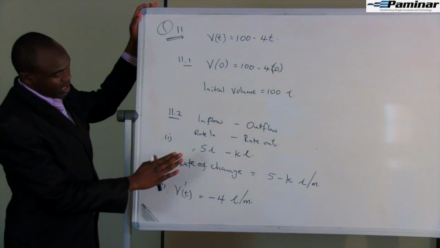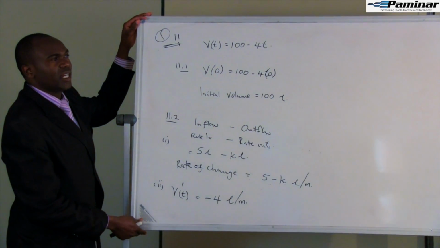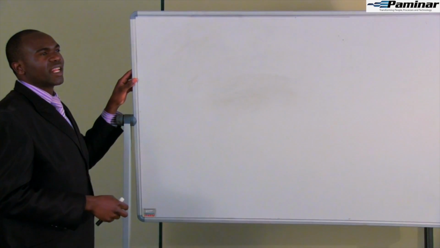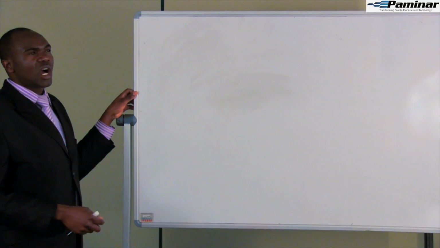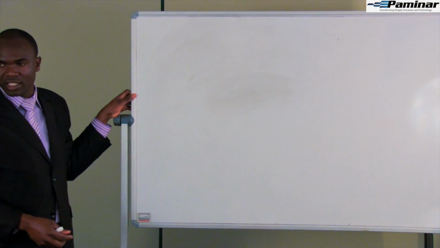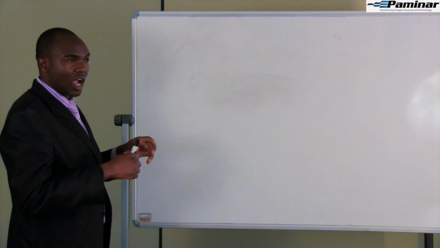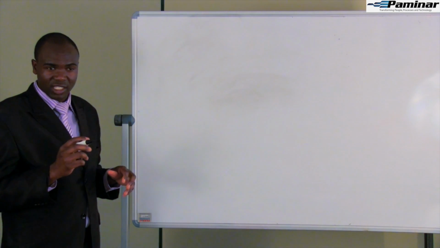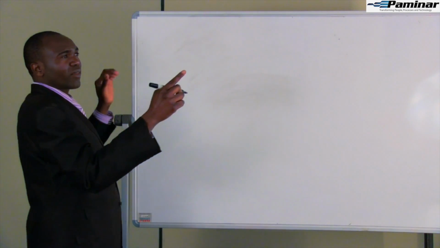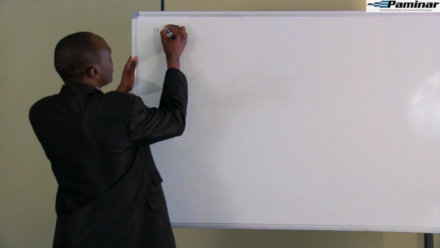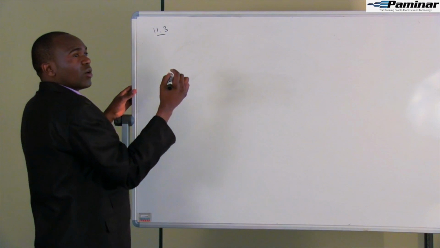Okay? Let's keep this in mind. Now it says, determine the value of K, that is the rate at which water flows out of the tank. Now, this water is flowing out of the tank. Now remember, 11.3.